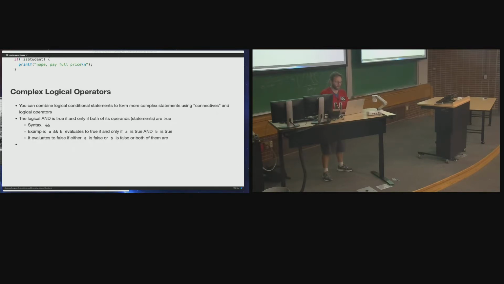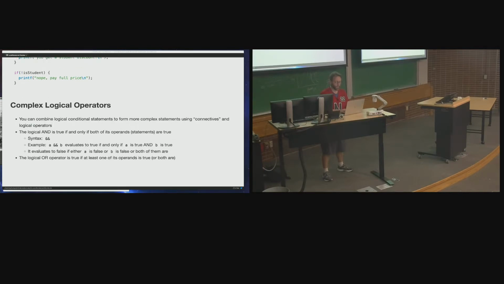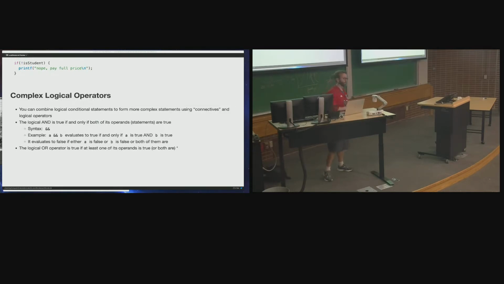The logical OR operator is true if at least one of its operands is true, or both are. This departs from English a little bit. If somebody gives you an ultimatum and says you can have cake or ice cream, they really mean you've got to choose one or the other, not both.